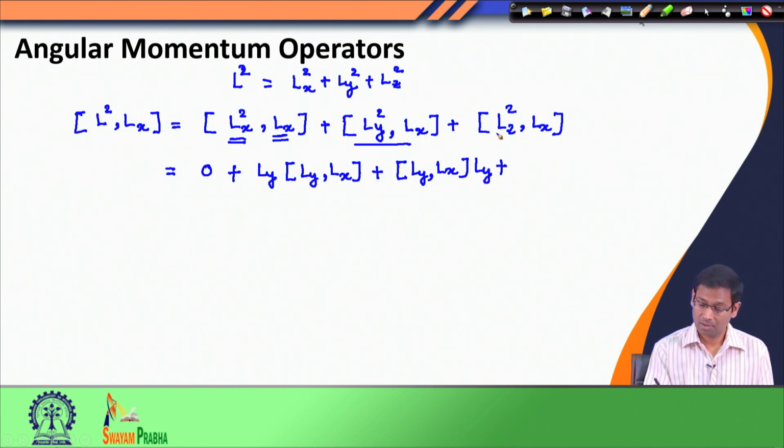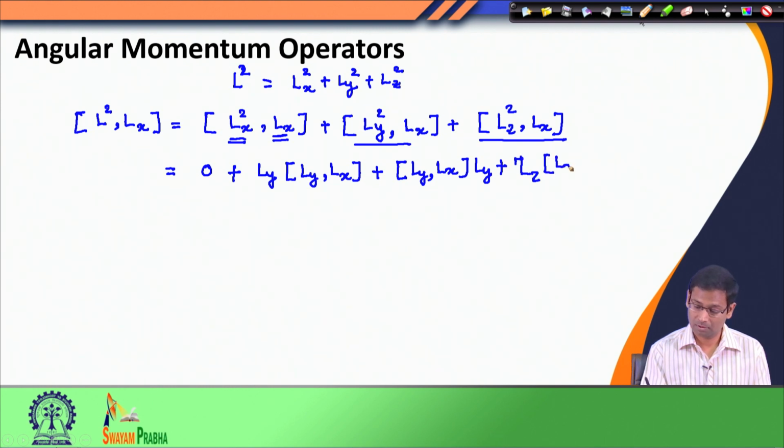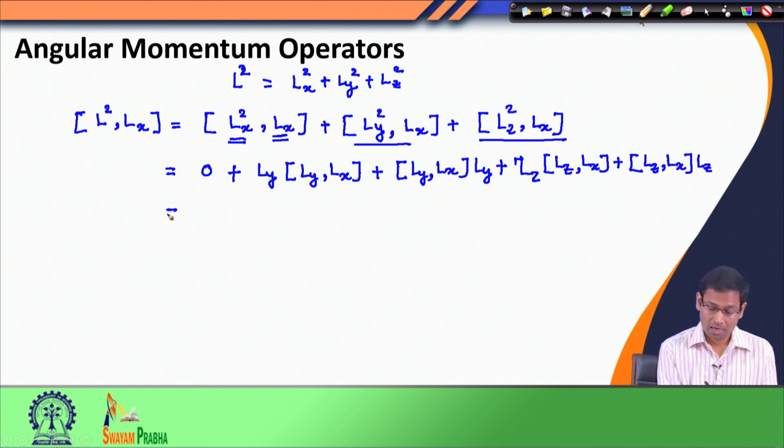and similarly when I evaluate this commutator, now look, the first term is anyway 0.